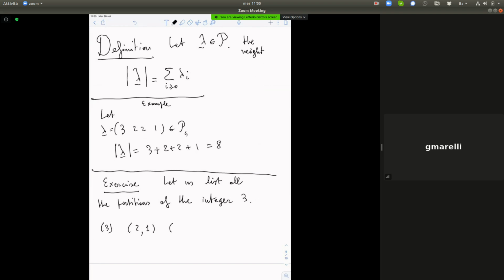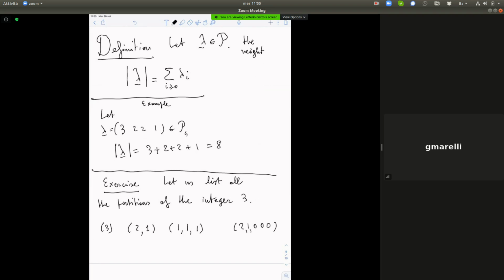But I have also 1, 1, 1. Look, I list all the partitions of the integer 3. Of course, you can say 2, 1, 0, 0, 0 is also a partition of the integer 3. Yes, but when we have irrelevant zeros, we just leave them out of our notation.